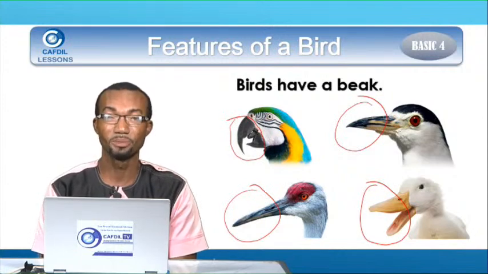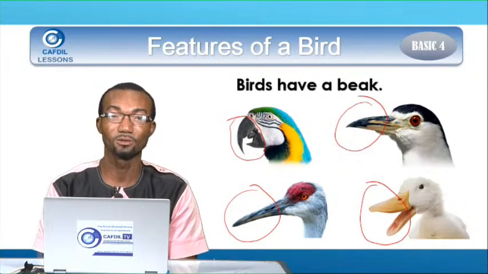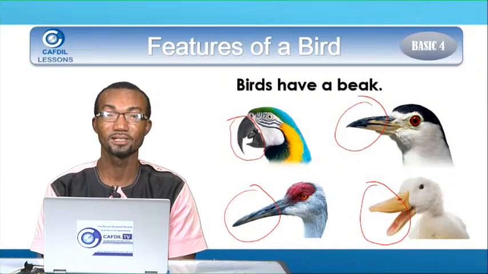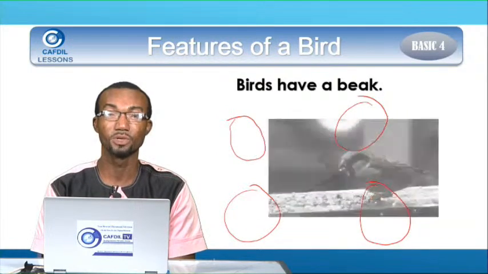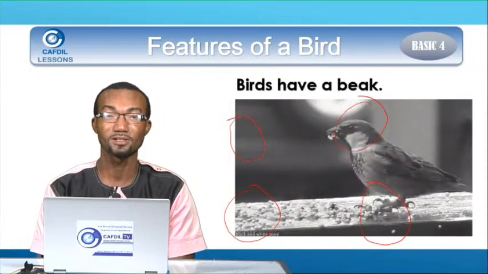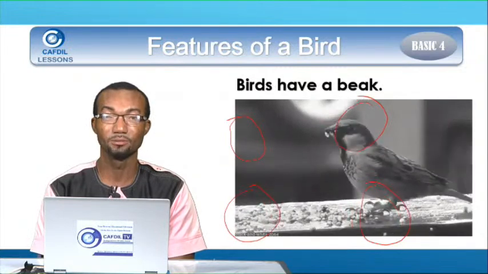The beak of a bird determines the type of food that bird eats. So the type of food the bird eats will determine the type of beak the bird will have. And the first is that they use their beak to eat, as you see the bird there eating with its beak.